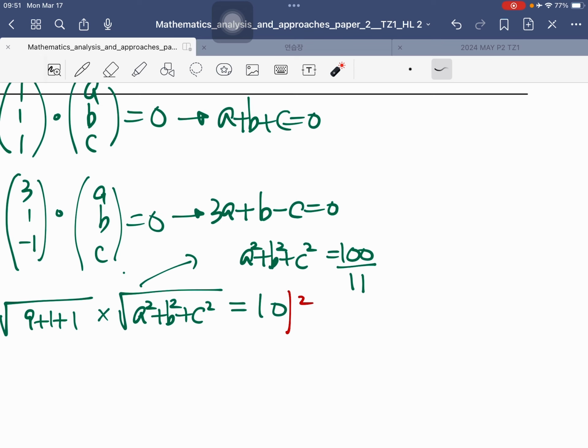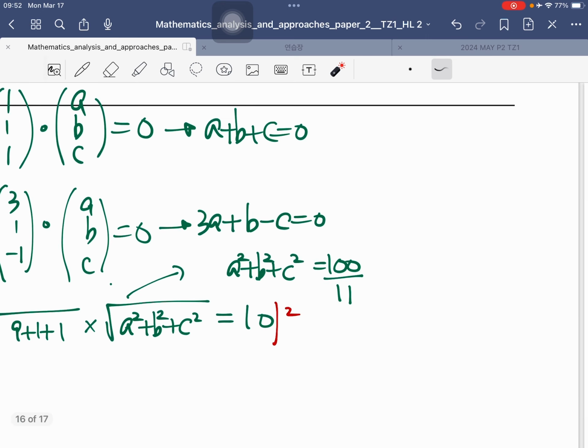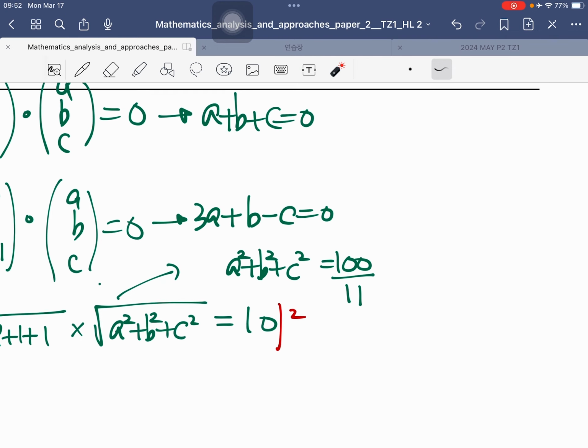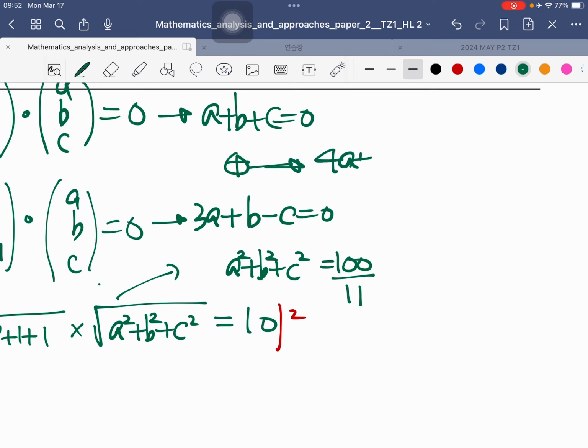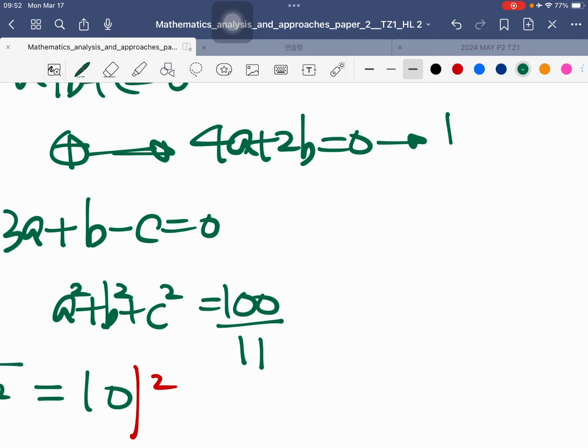We can eliminate B and C to get just A. Adding these two equations gives us 4A plus 2B equals 0, which means that B equals minus 2A.